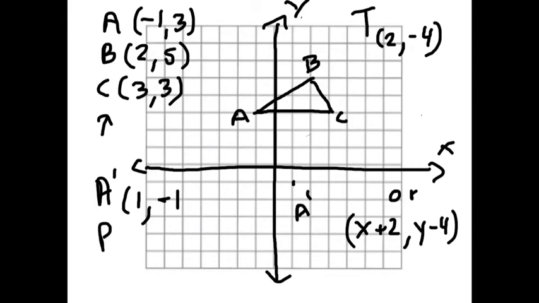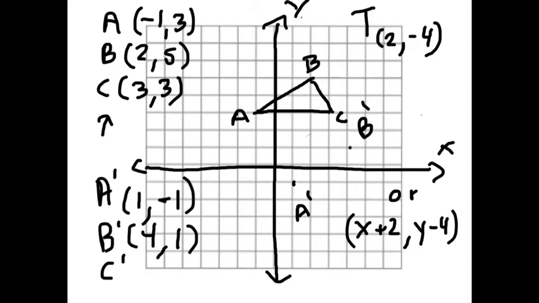That means I went over 2 and down 4 and got my A prime. Now my B prime, if it started at 2 and I added 2, I go to 4. And if it's 5 and I subtract 4, I go to 1. So my B prime is 4, 1. And then my C prime, it started at 3, 3.